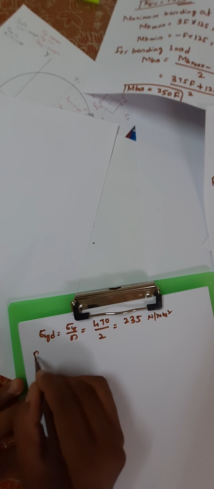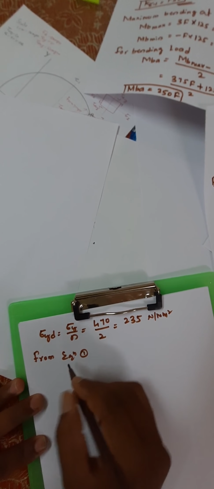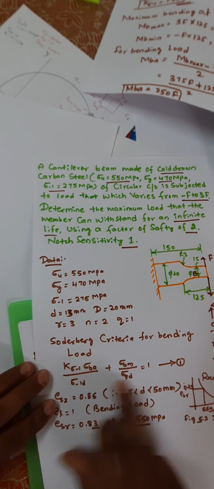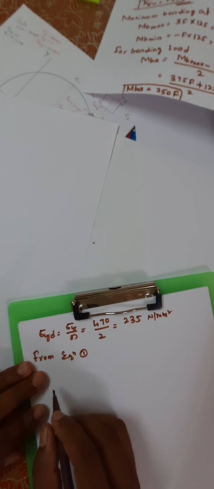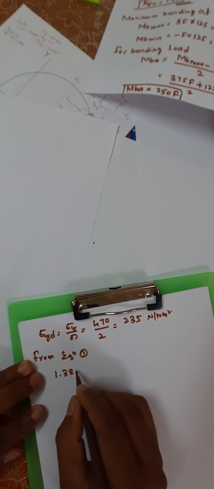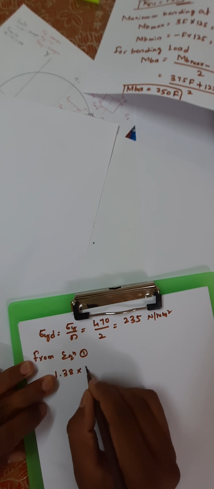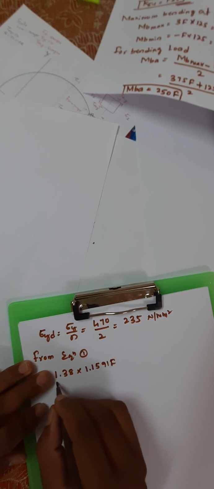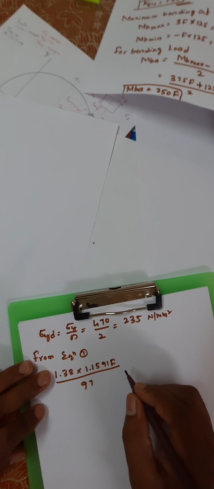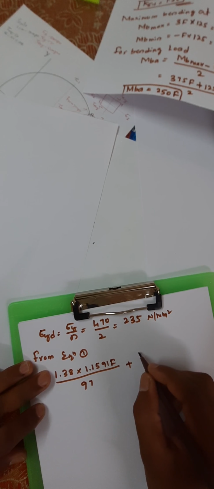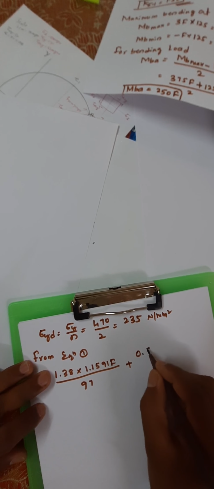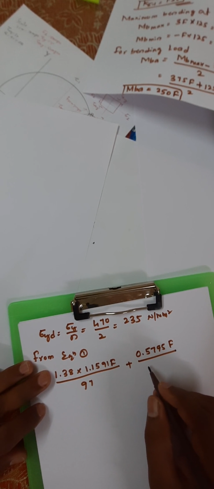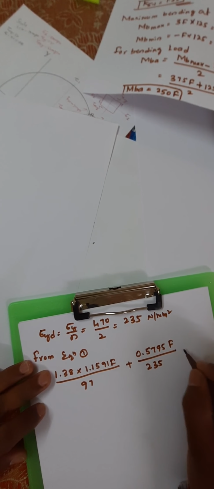Same way, from equation 1, substitute all the values into this equation. 1.38, this is the stress concentration, into 1.1591 F divided by 97, sigma minus 1d, plus sigma BM, which is 0.5795 F divided by sigma yd, which is 235, is equal to 1.